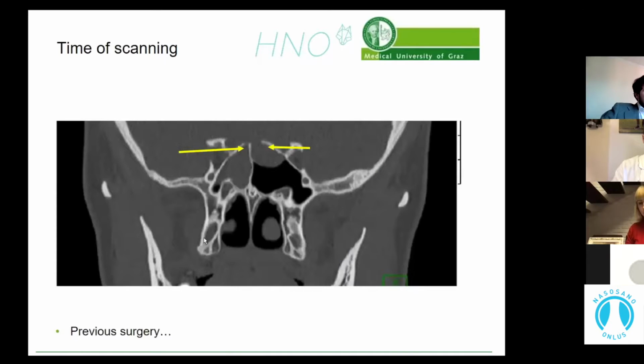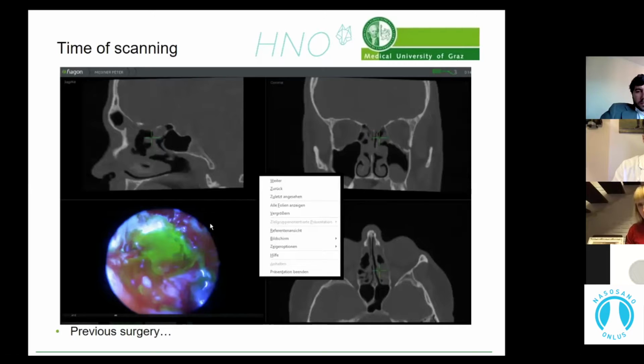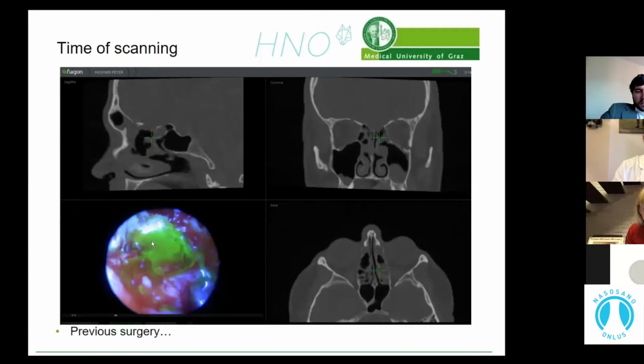Another case, very important, previous surgery. Here a case from our department where we have a bilateral damage of the skull base after a previous external endoscopic sinus surgery. This was the intraoperative situation. You can see here a CSF leak.